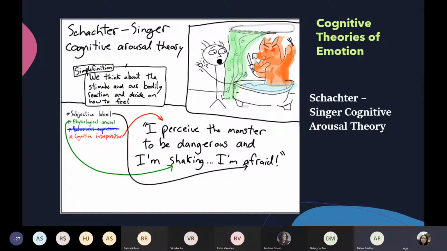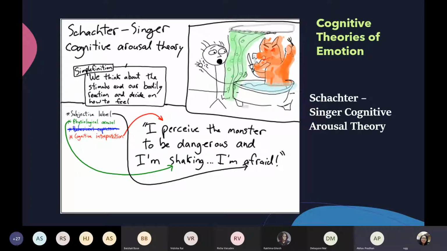No, when I have an increased heartbeat, I look at the environment. Am I running, and I have an increased heartbeat? According to James-Lange, I would say that I'm having an increased heartbeat, so I'm scared. But Schachter-Singer says, no, I'm having an increased heartbeat.